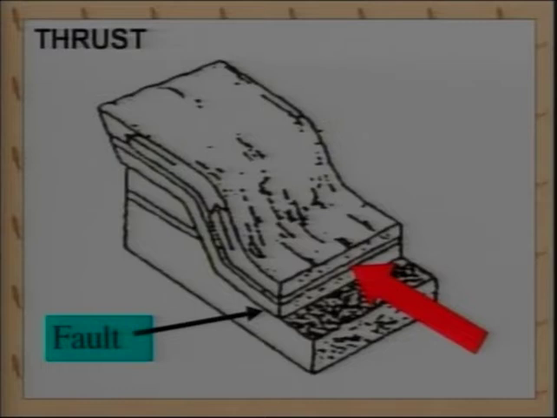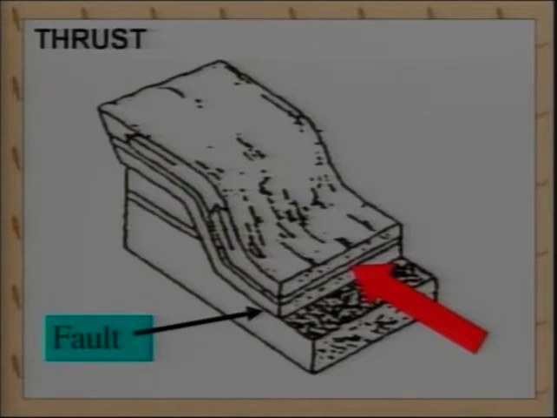Let's look at the definition given from our chart, and then we'll go to the monitor. It says here, a thrust fault is simply a type of reverse fault. You already know what a reverse fault is. What forces are exerted for the formation of a reverse fault? Compressional forces. So here, obviously, it would have to be compressional forces.